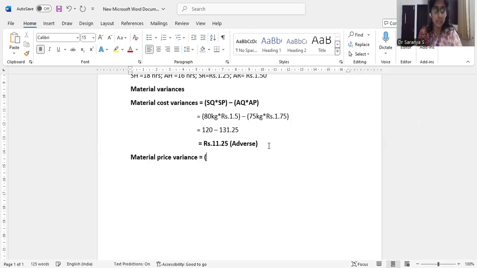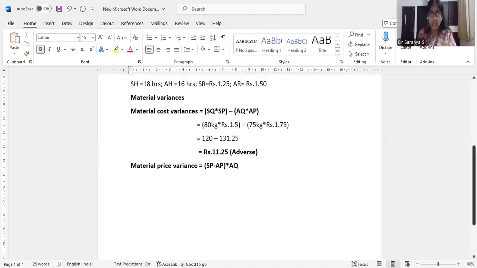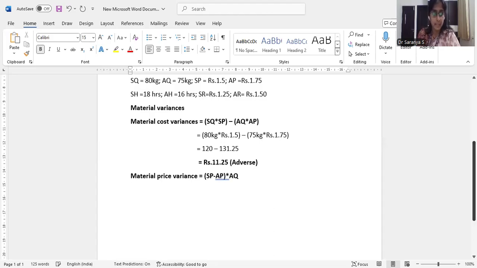Okay, so here the formula is SP minus AP into actual quantity. The data is given here, correct? So what is SP here? Just look at the first line.